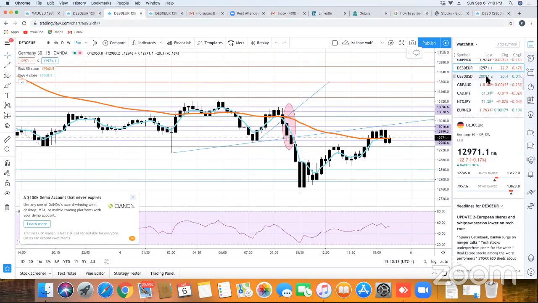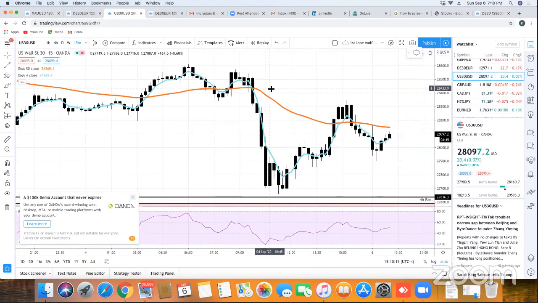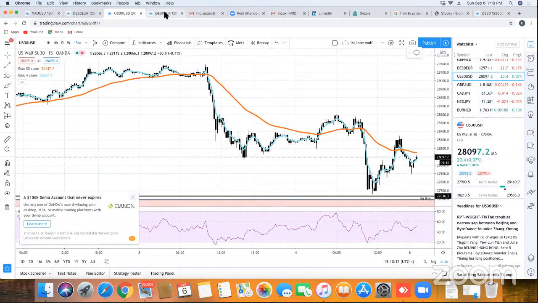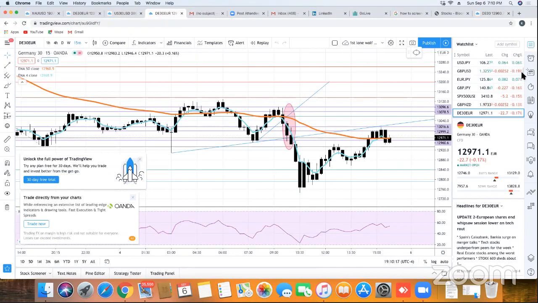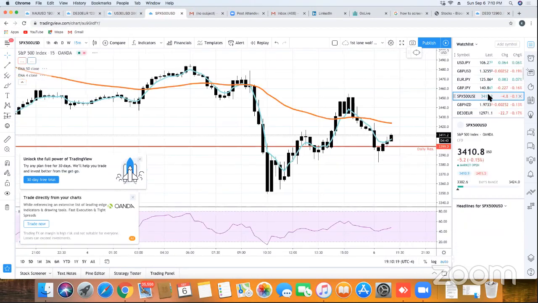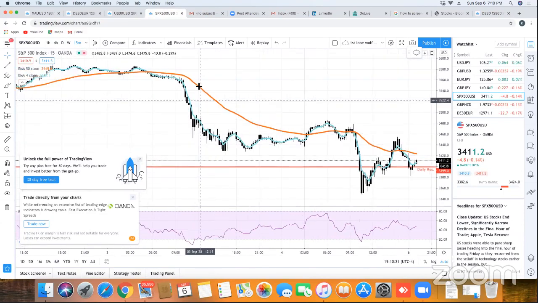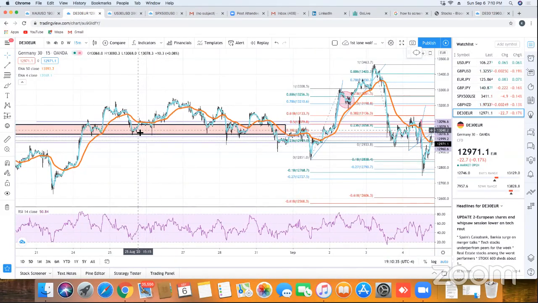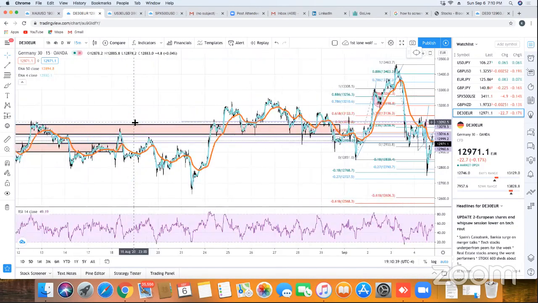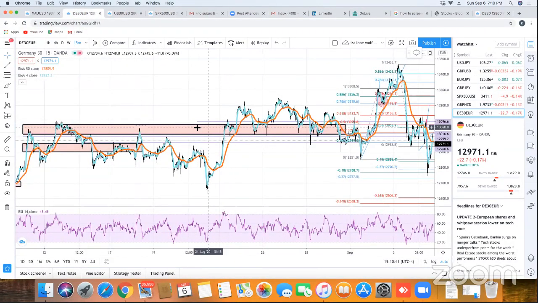And what she said was, what you want to do is look for power zones. Power zones would be areas where you see price might have a strong rejection, or the area of support is so strong that price can't break through, or when you see it reject off of it, you see a big wave move. So what I've done is I went through and I highlighted some power zones.